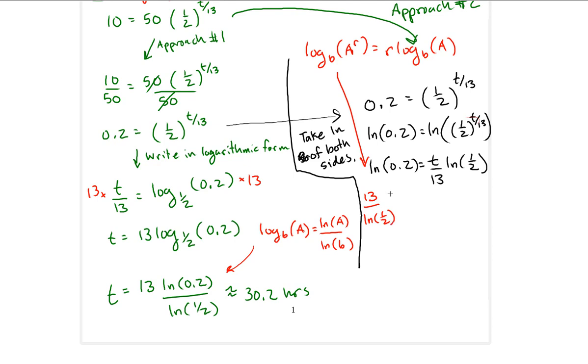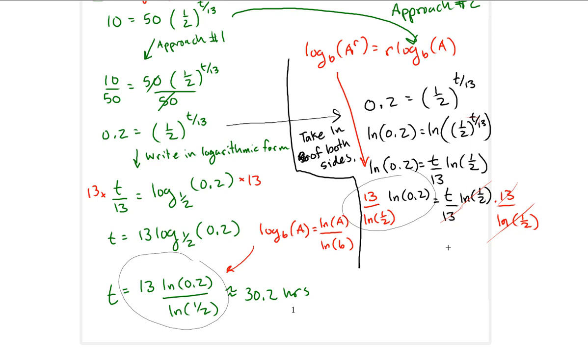So I'd multiply that by what I have on the left side, and then I would do the same, of course, on the right side. So then I get some nice canceling here. t is all by itself, and notice that these two things are exactly the same. Of course, we also get the 30.2 hours.